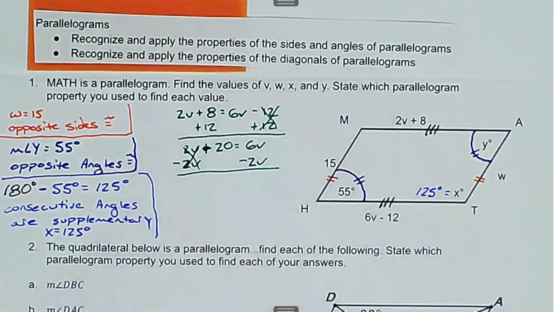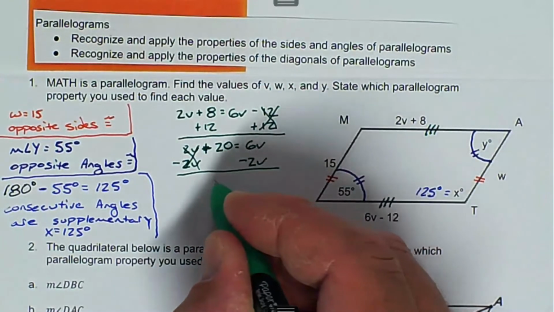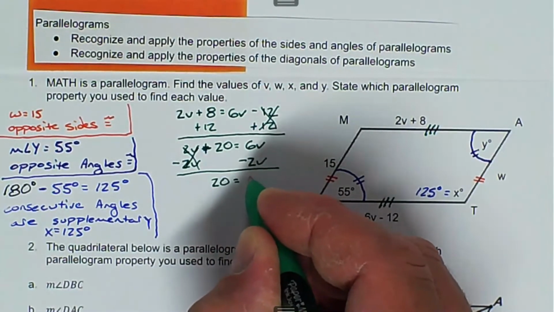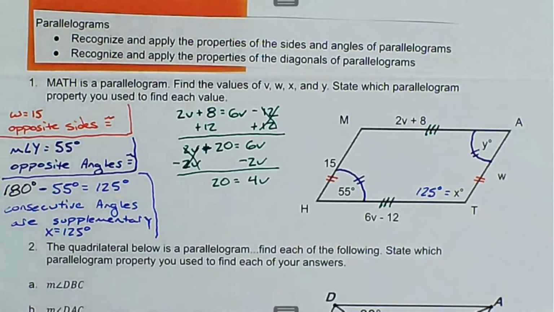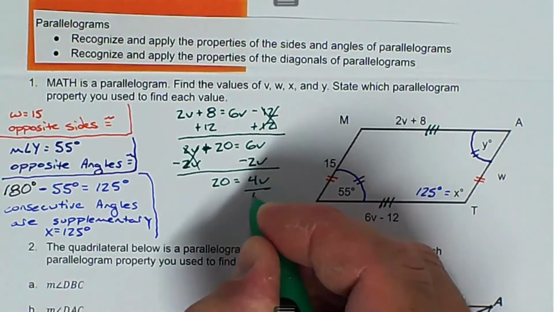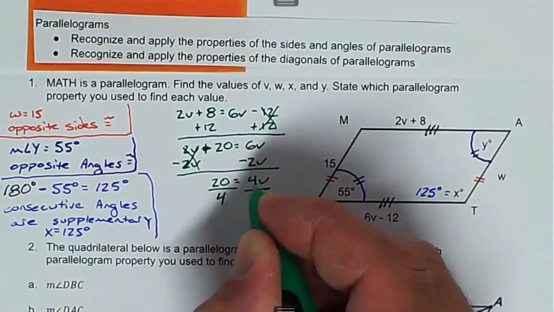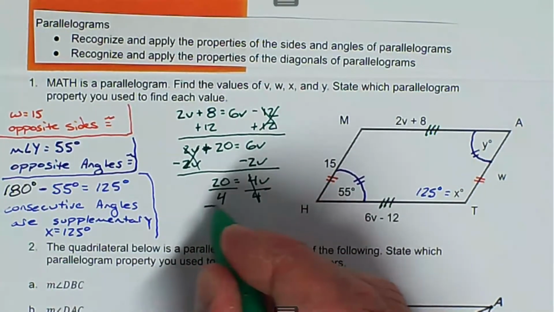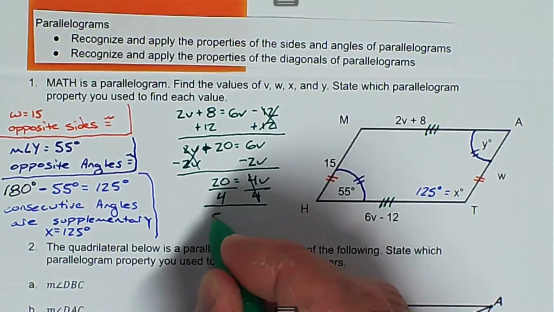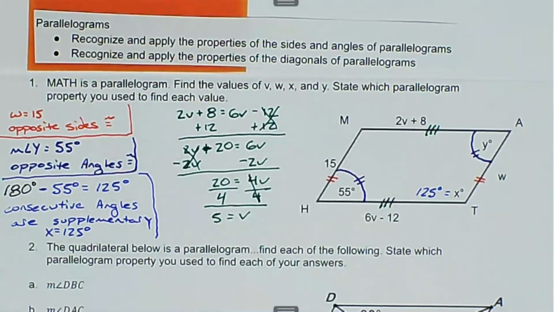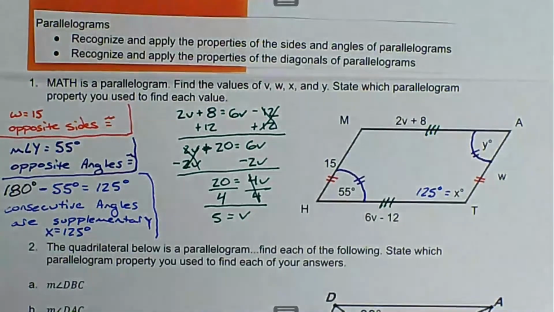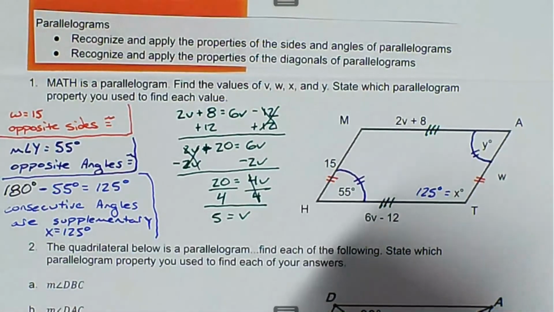So our 2V's cancel, and we're left with 20 is equal to 4V. The last thing, we can divide both sides by 4, and our 4's cancel. So we're left with 1V on the right side, and that's 5 equals V. And the reason we're able to do that is because opposite sides are congruent.